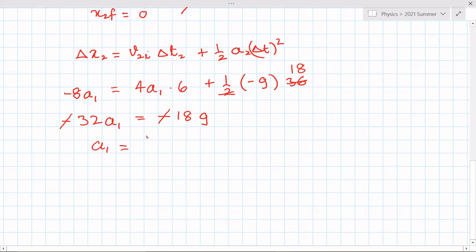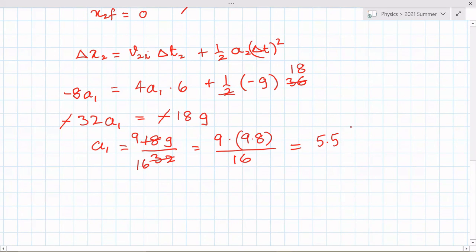A1 is 18g over 32, which is 5.5 meters per second squared. So that is the acceleration of the rocket.